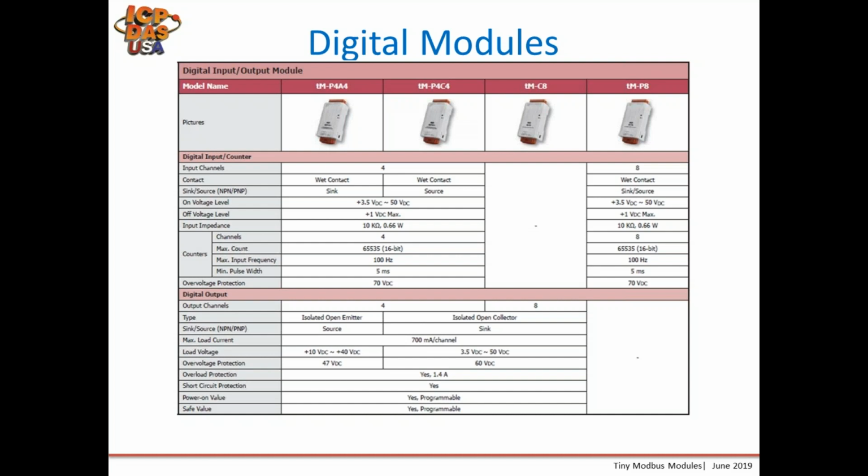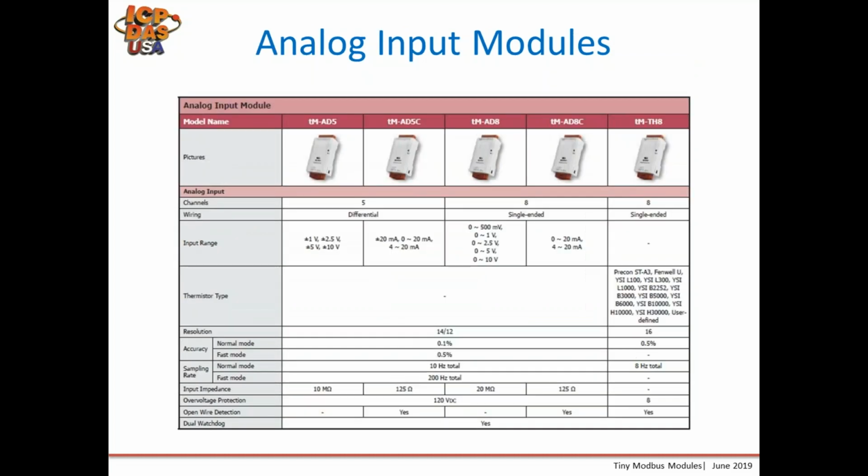If you do require 32-bit counters, our M7000 module is the choice. And we also have higher speed counter ability for those M7000 modules. The digital outputs shown here are sinking and sourcing modules, but we also have relay modules. Let's see. Yeah, pretty straightforward for these.